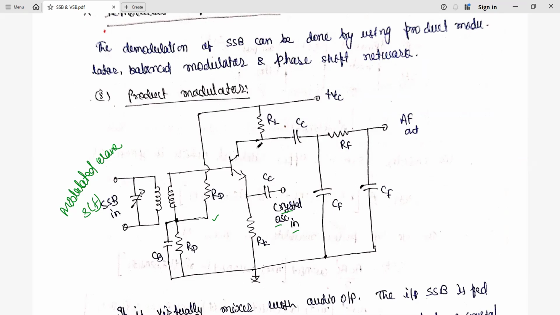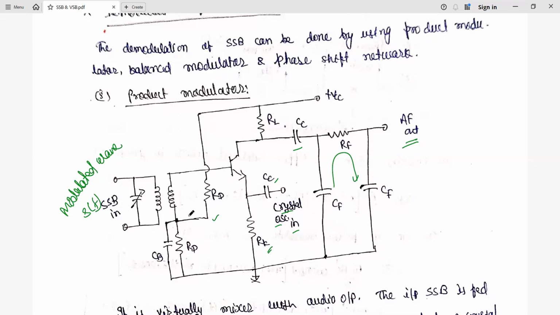And finally, about the components: we have high frequency components and low frequency components, so the unwanted signal is blocked here by the resistance and capacitors. With the help of this combination, the unwanted signal is blocked, and we get the desired message signal. This CC is a coupling capacitor. This CC is also a coupling capacitor. And this is the emitter resistance RE.